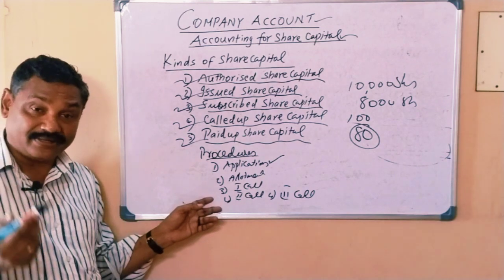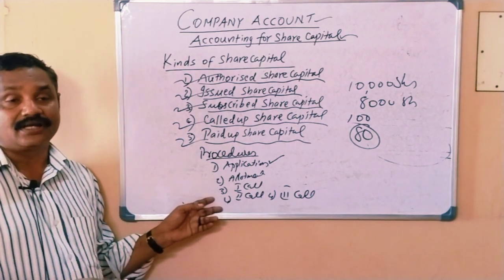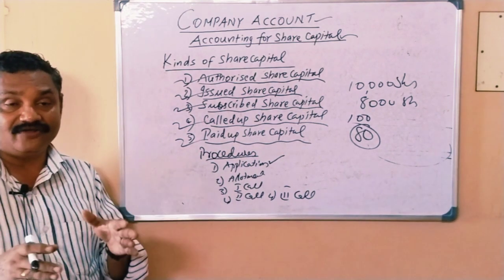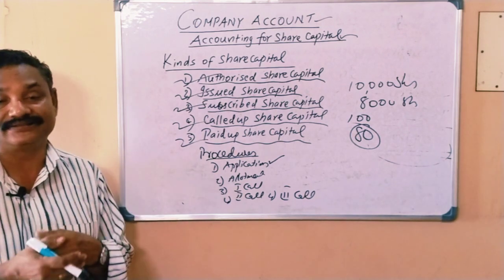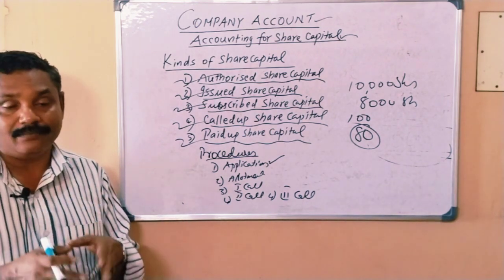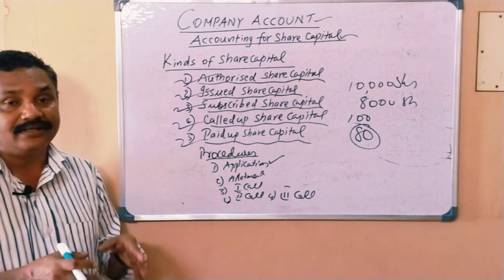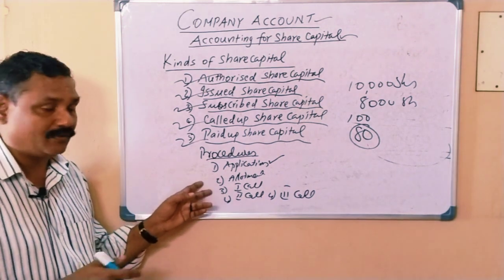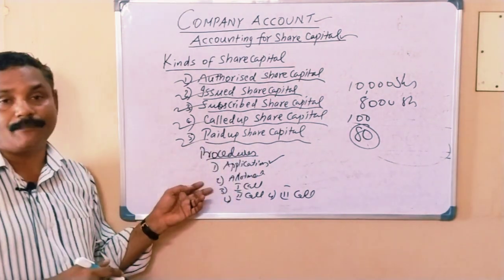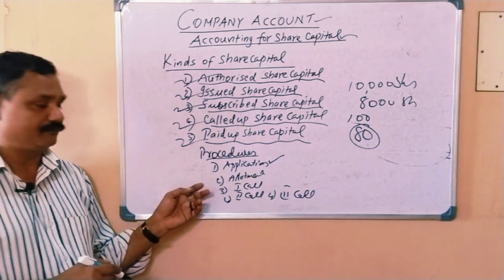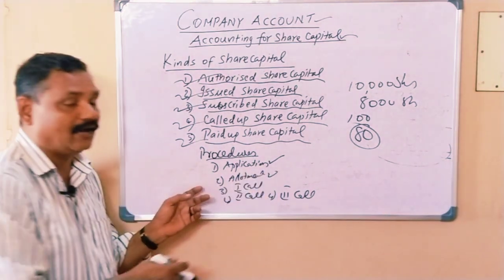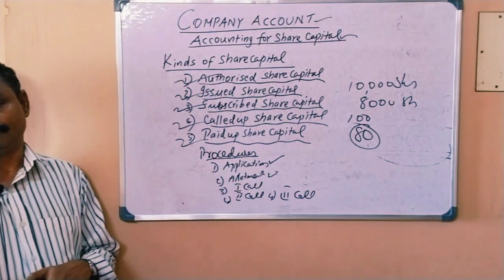The company will fix 5 days or 10 days to receive application money. Within the time limit given in the question or advertisement, we have to send the application money to the company.